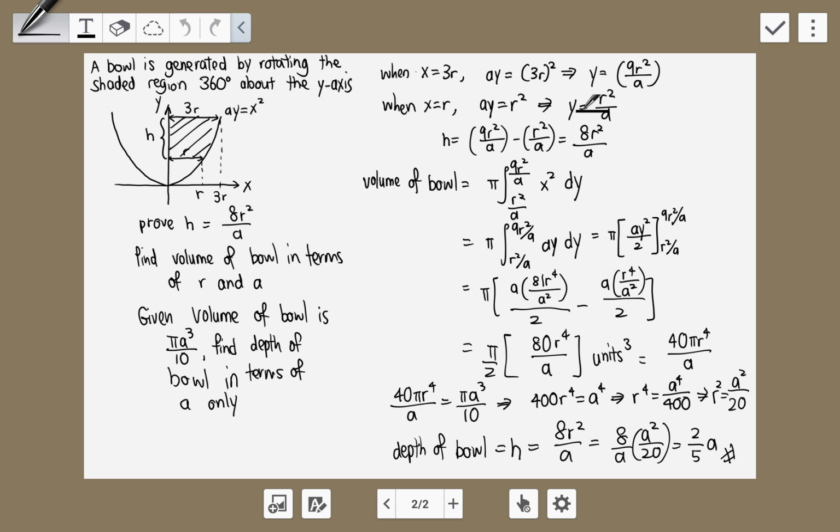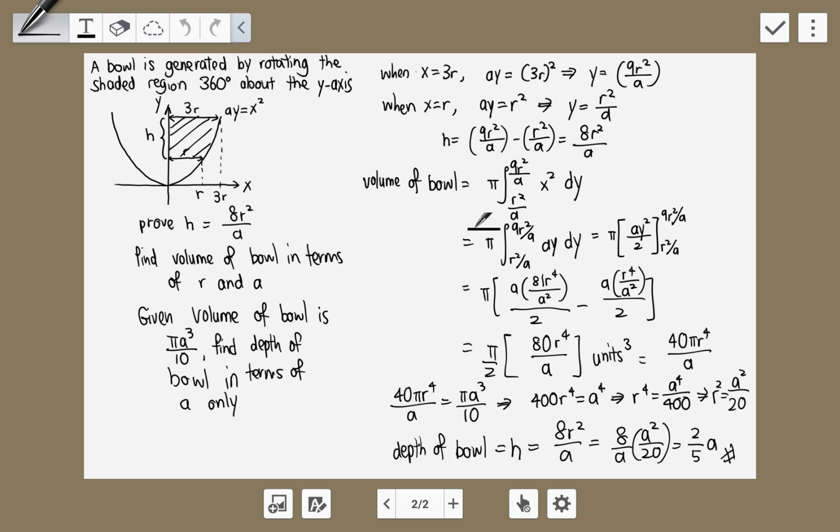So we integrate from here to here, pi x squared. This is the standard formula for finding the volume of a solid generated when this area is rotated about the y-axis.